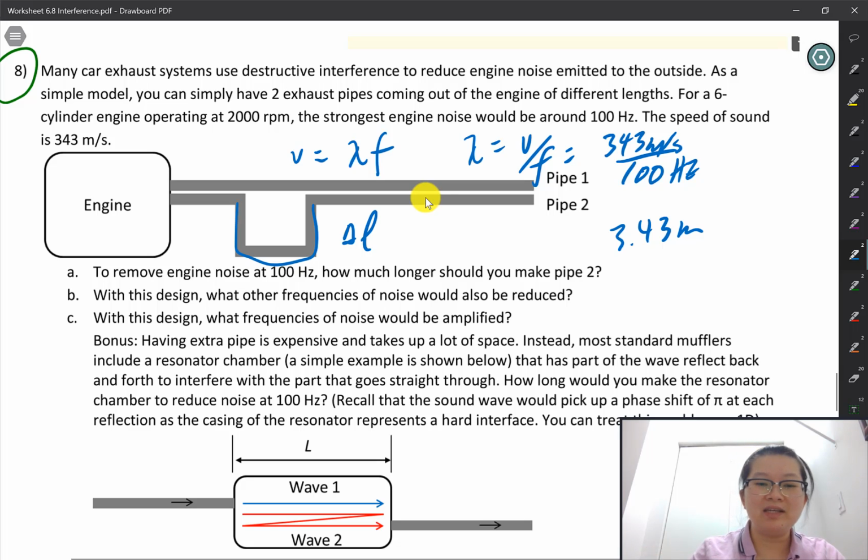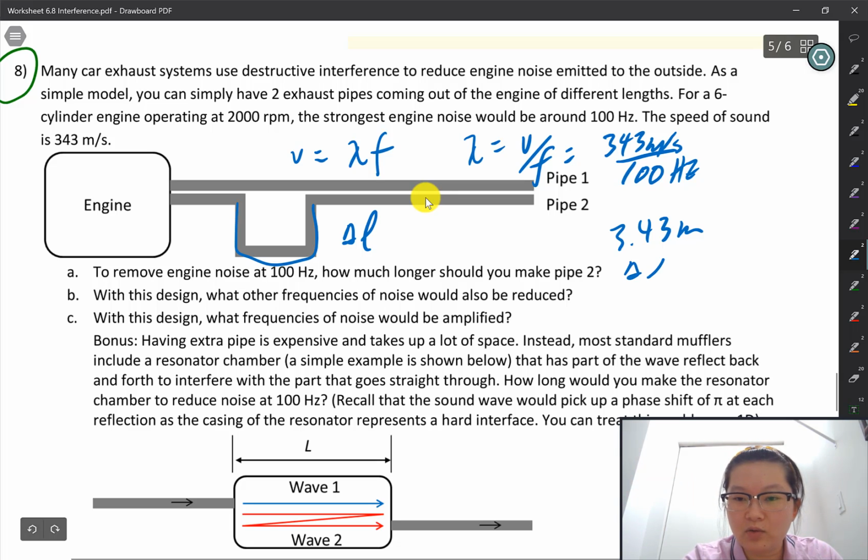We probably want the least amount of distance possible for pipe 2. And the least would give us a half wavelength difference, because if you want more wavelength difference, you have to make the pipe even longer. That just does not make sense. So the path difference is going to be equal to half of a wavelength to reduce pipe usage.